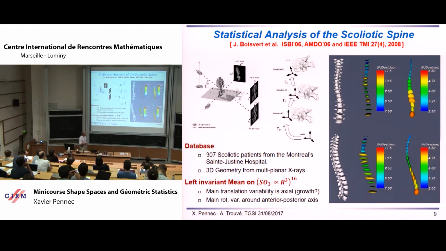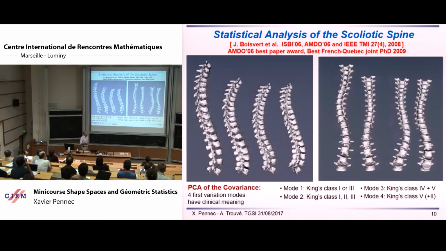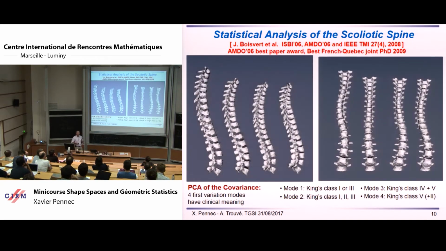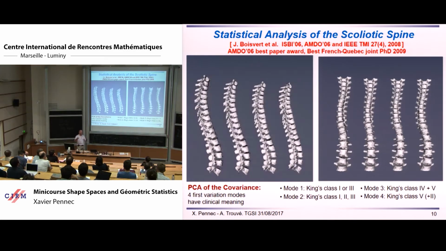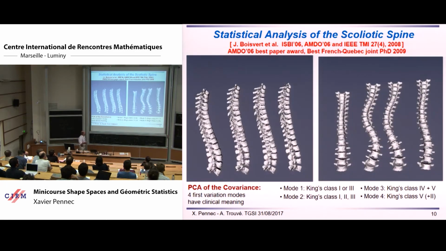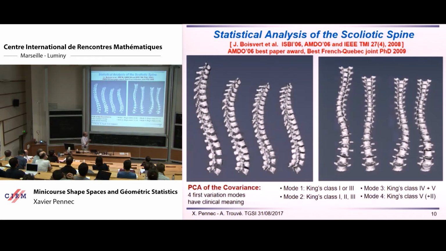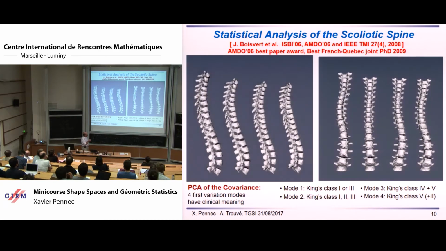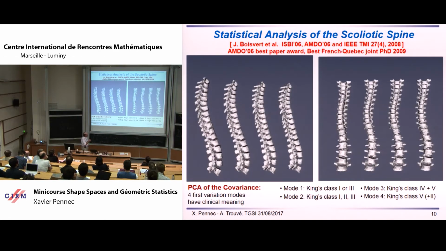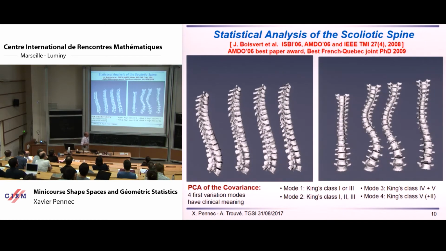This is the mean value that we find here, and these are the first modes of variation. We compute the mean value, we compute the covariance matrix, we diagonalize it, and this is what happens if we follow a geodesic from -2 to +2 sigma along the first mode, the second mode, the third mode, the fourth one.